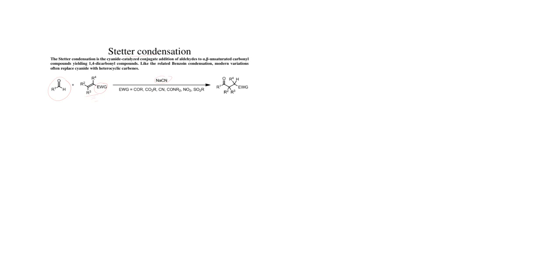Sodium cyanide first attacks this aldehyde carbonyl functionality, and when a carbanion is produced, it then attacks the beta position of the alpha beta unsaturated carbonyl functionality, or such Michael acceptor. So what will be the reaction mechanism for such a reaction?